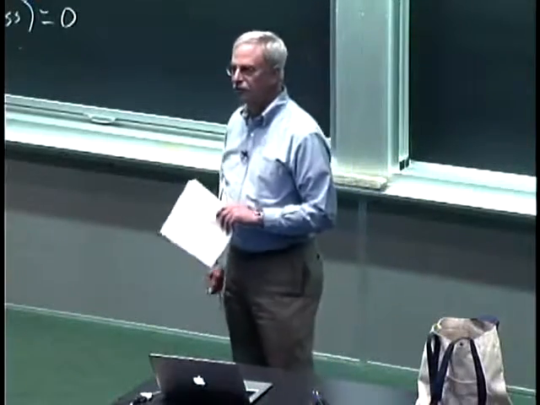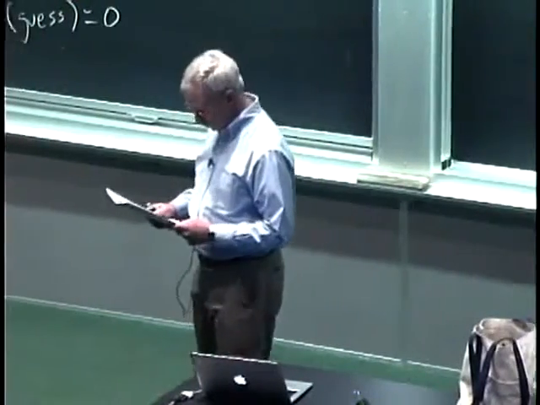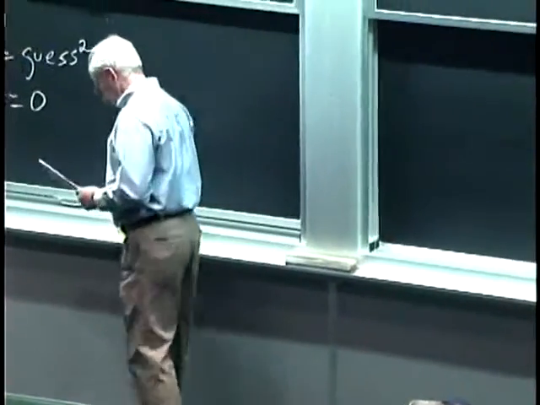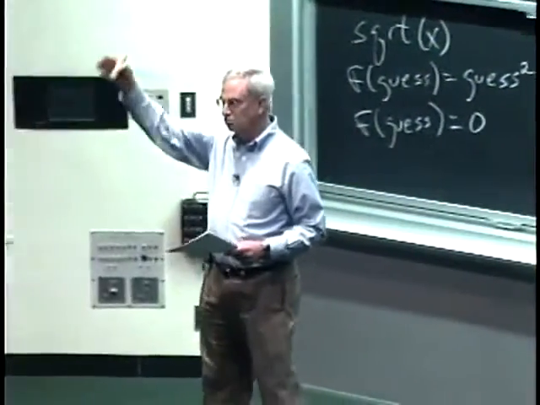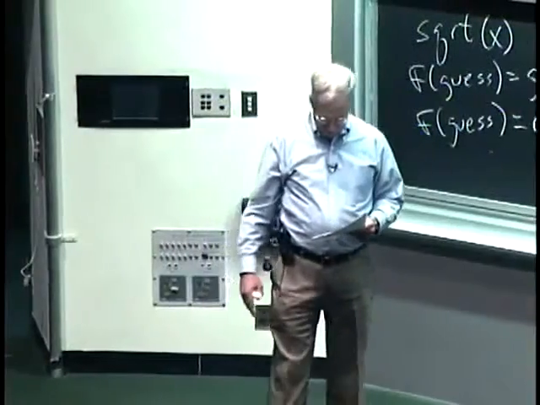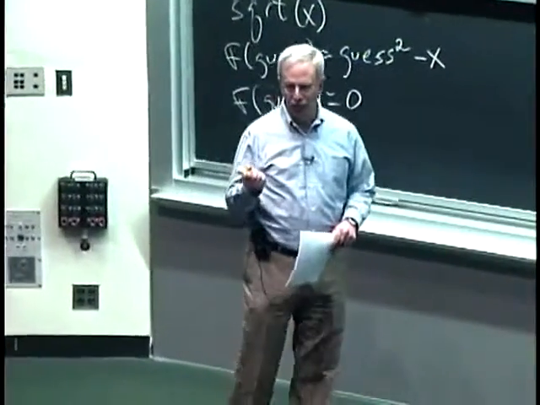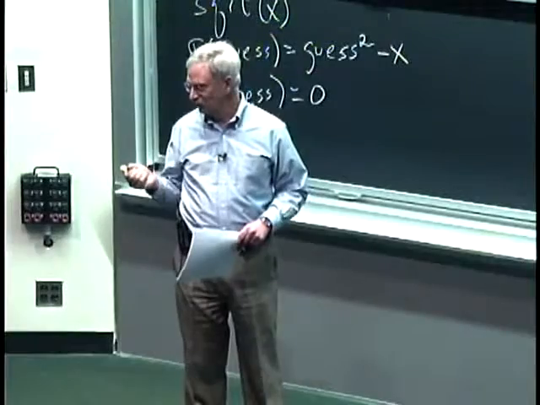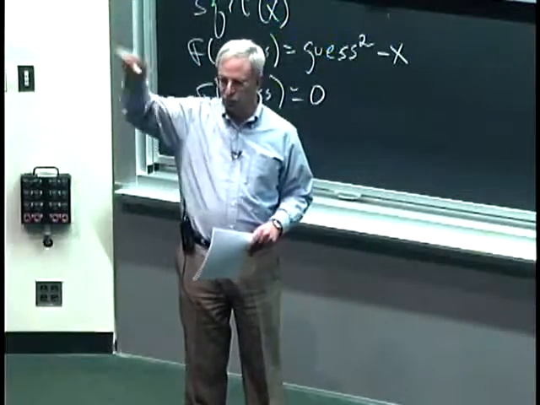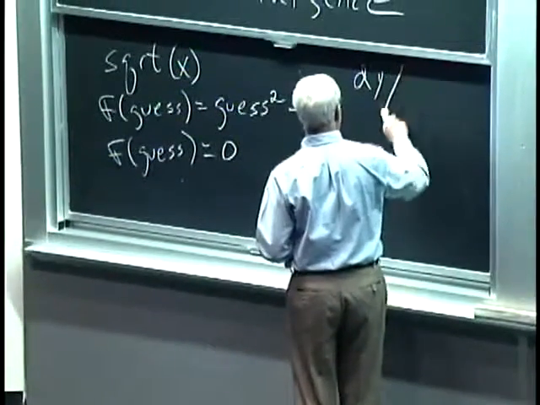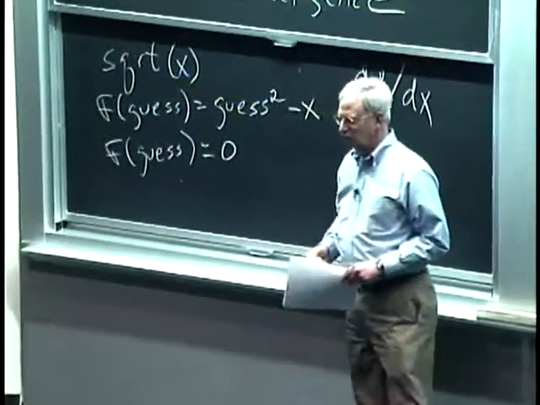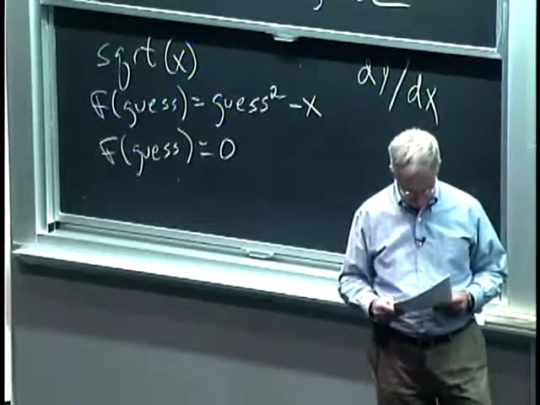So how do we find the intercept of the tangent, the x-intercept? Well, this is where derivatives come in. What we know is that the slope of the tangent is given by the first derivative of the function f at the point of the guess. So the slope of the guess is the first derivative, right, which is dy over dx, change in y divided by change in x.